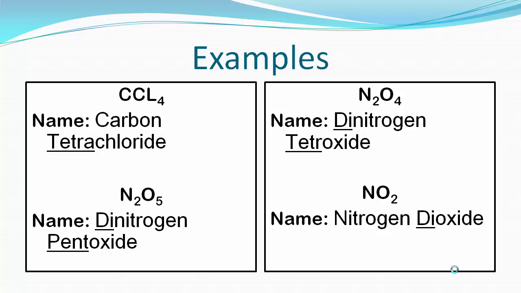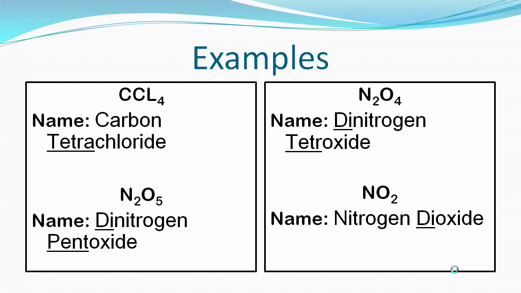We name it carbon, and Cl, which is chlorine, we have to switch to ide, but now we have to figure out the number. For 4, the number is tetra. Tetra, like 4. But why do we have an A at the end? Because C is a consonant and not a vowel, so you add an A.